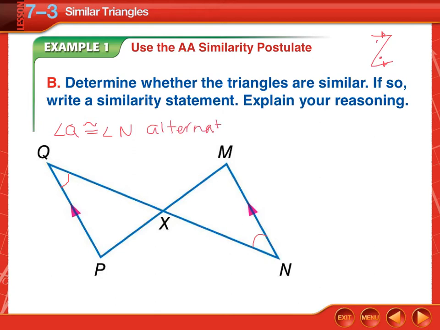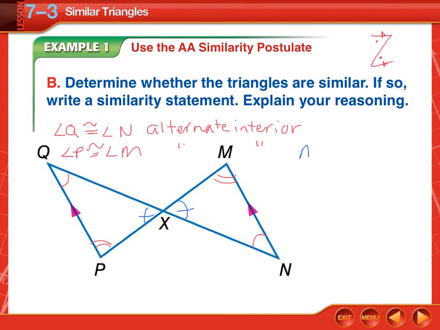And likewise, P is congruent to M for the same reason. And we also have a third angle here. We could say by the third angles theorem or by vertical angles that those two angles are also congruent.